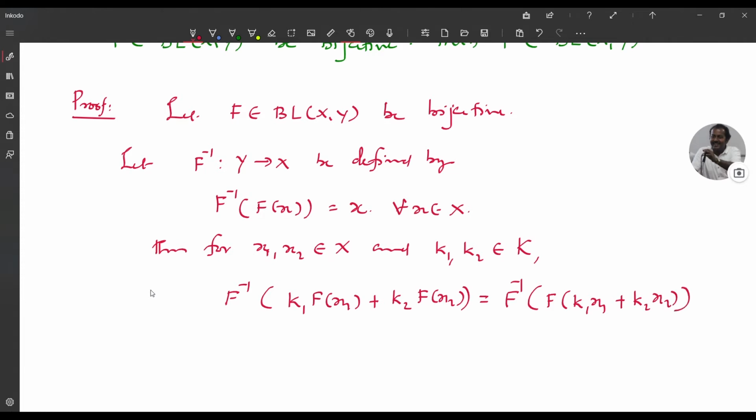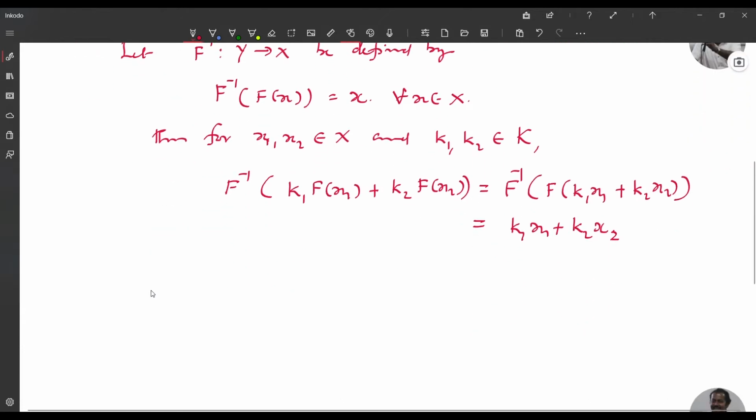By the definition of f inverse, this is equal to k1 x1 plus k2 x2. Since x1 is f inverse f of x1, this is equal to k1 into f inverse of f of x1 plus k2 into f inverse of f of x2. So this implies f inverse is linear.